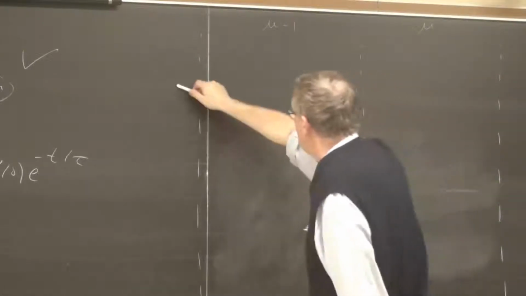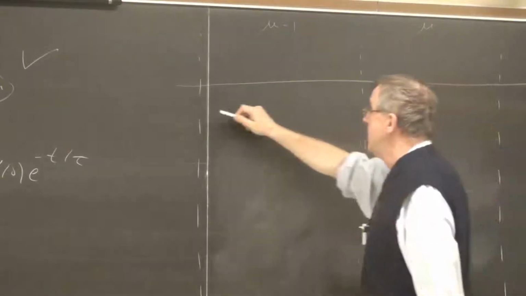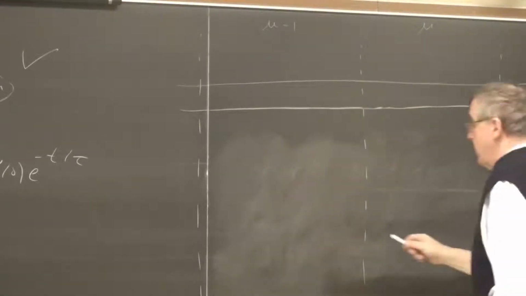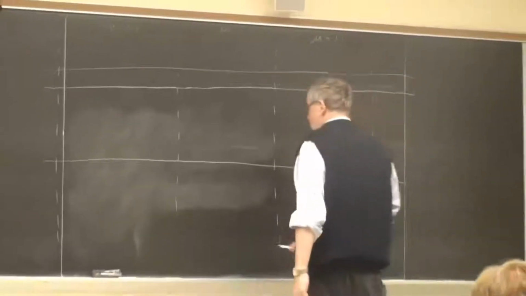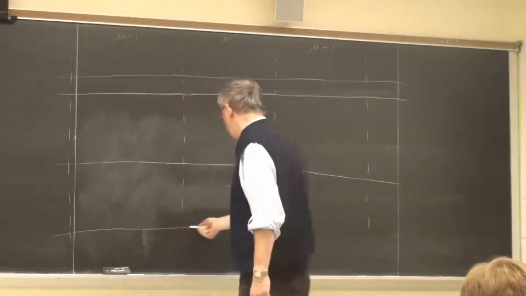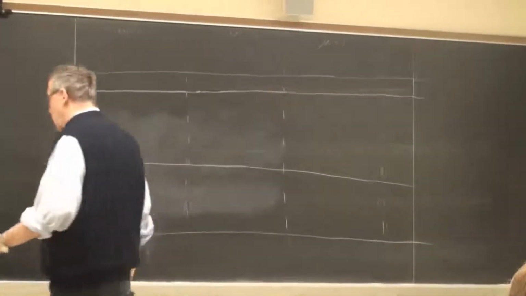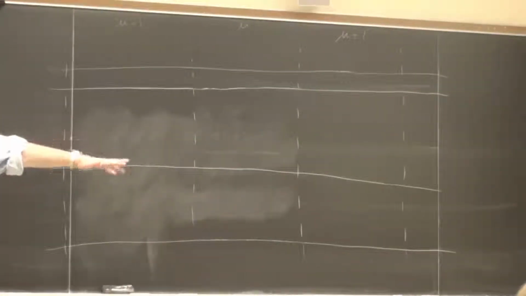And here I have the top of the membrane. I draw it thin, and here I have the bottom of the membrane, which I draw thick. And now I would like to know how these things go if I do not have the same on the left and the right side.